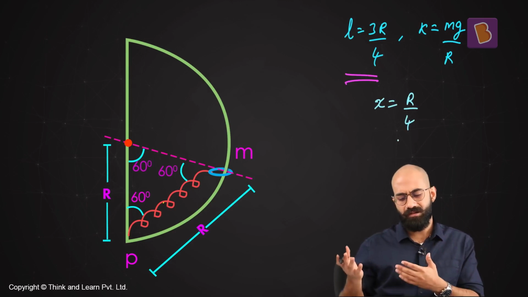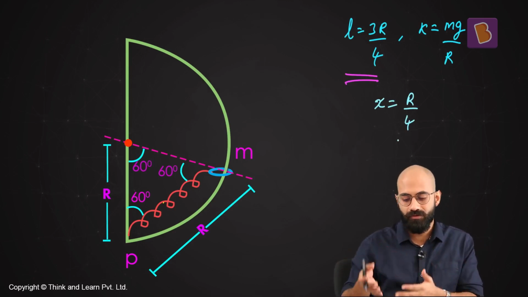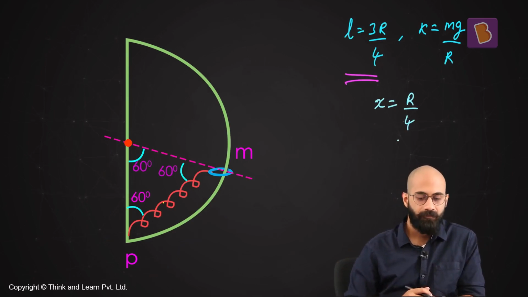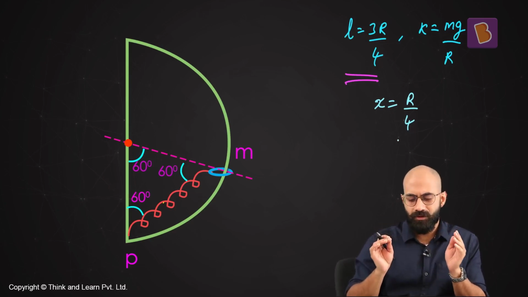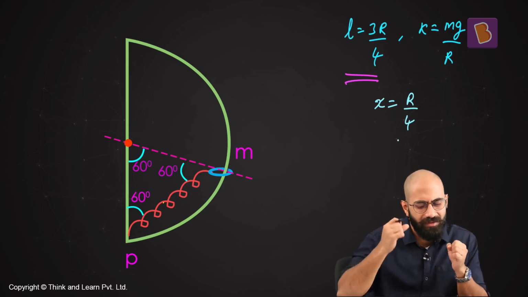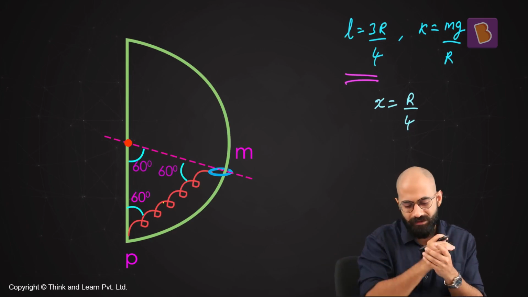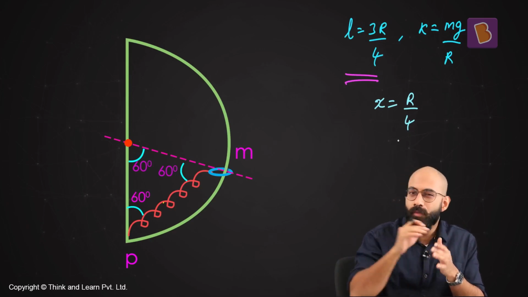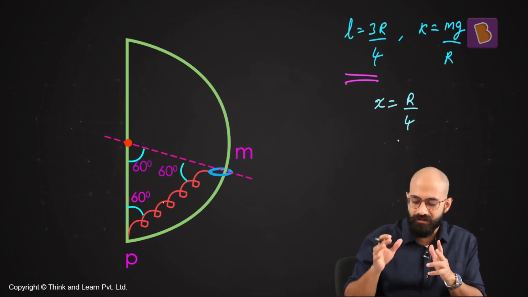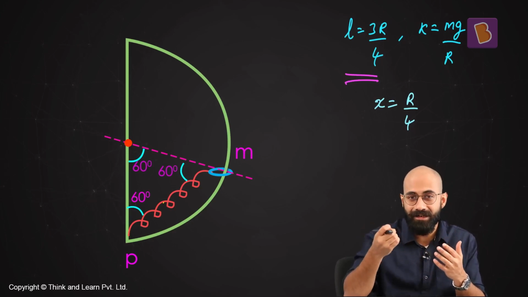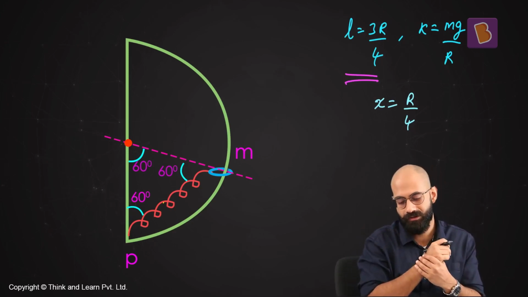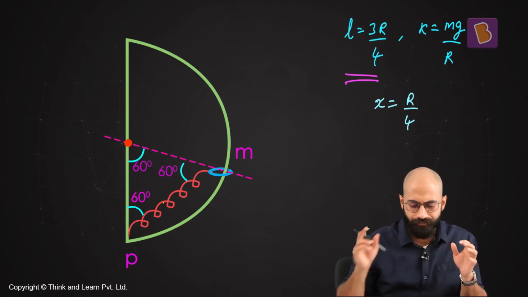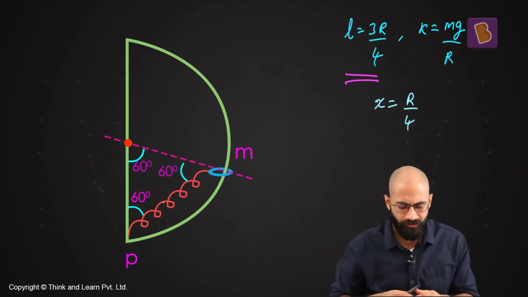Simple. It's r minus 3r/4, so r/4. Fine. So this gives us a better idea of the situation. This tells us how much the spring is being stretched. Therefore, it's pulling in this direction. And now we know in which direction the ring is going to move. It's going to move in the downward direction. Fine. That makes sense. Now, let's draw all the forces.